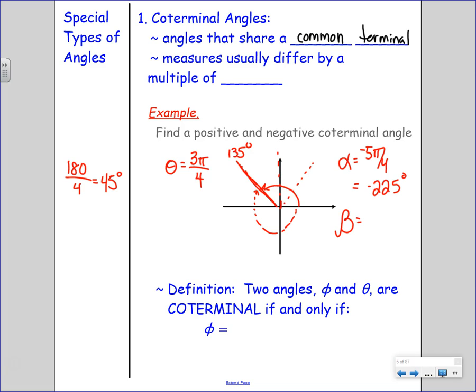How many fourths are in 2 pi? 8. How many fourths are in 2 whole? 8 pi over 4 plus 5 pi over 4? No, it's 3 pi over 4. 8 pi over 4 plus 3 pi over 4. Or another way of looking at that would be in degrees. 360 plus 135, which would be 495.